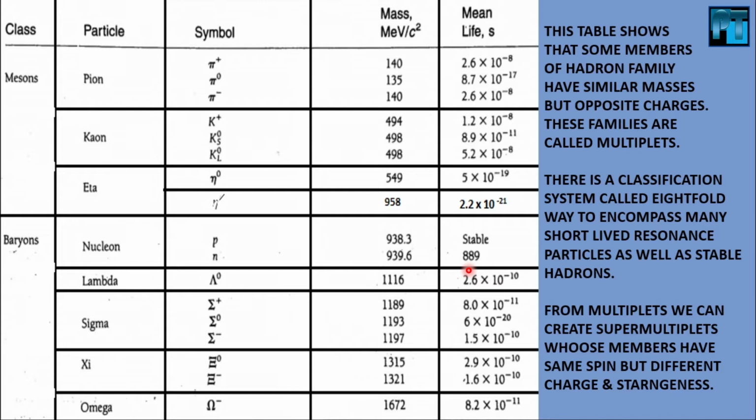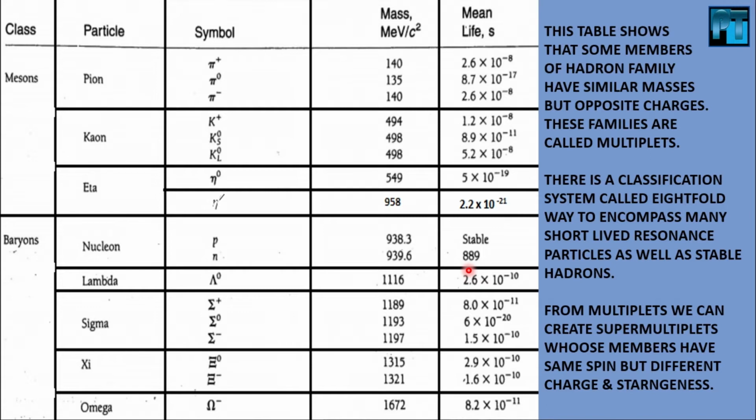To classify them properly, Gell-Mann and Ne'eman proposed a system called the eightfold way. In this system they arranged all the particles in a particular manner where they form a multiplet, and from the data of the multiplet family they then form a supermultiplet.